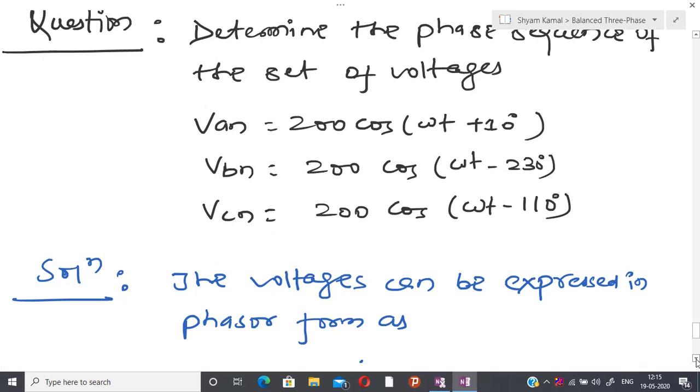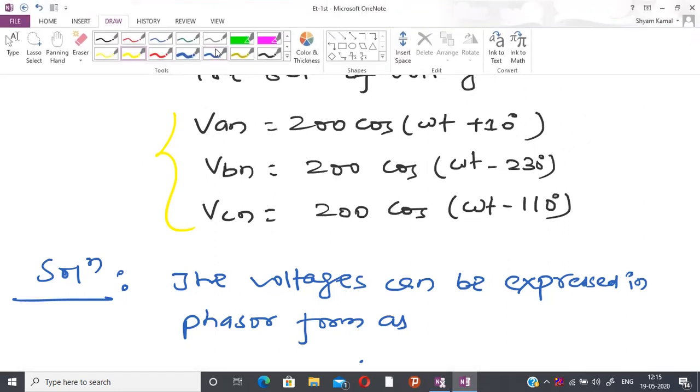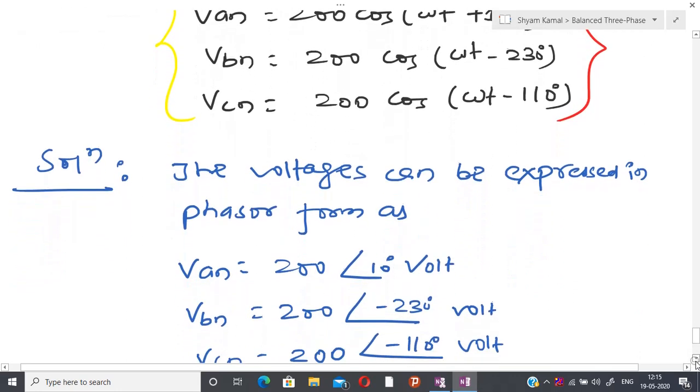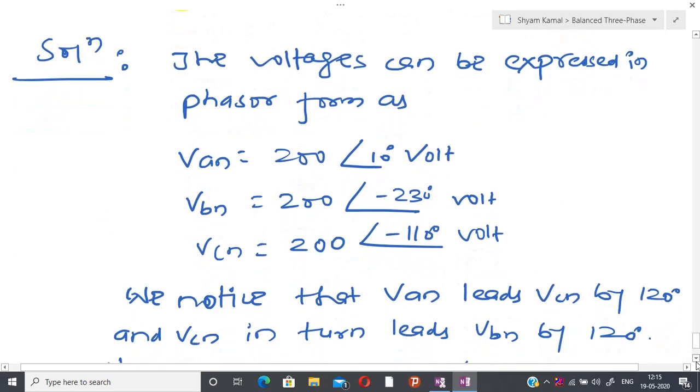So due to that reason, I have selected one numerical from the phase sequence. Suppose I have a certain kind of phase sequence that is provided here, like this, and I have to check whether it is ABC or ACB.